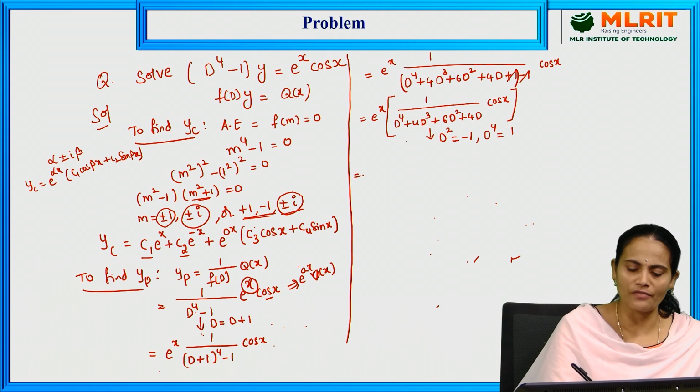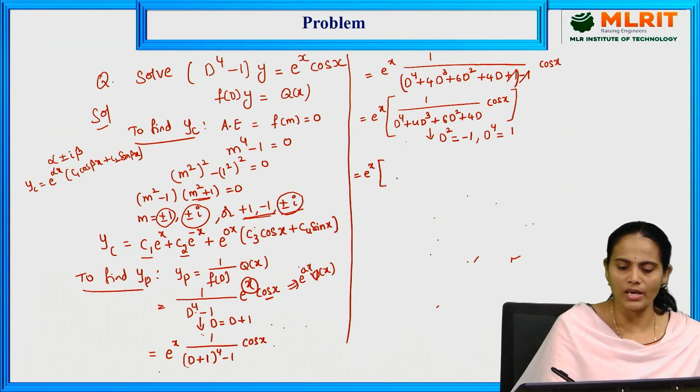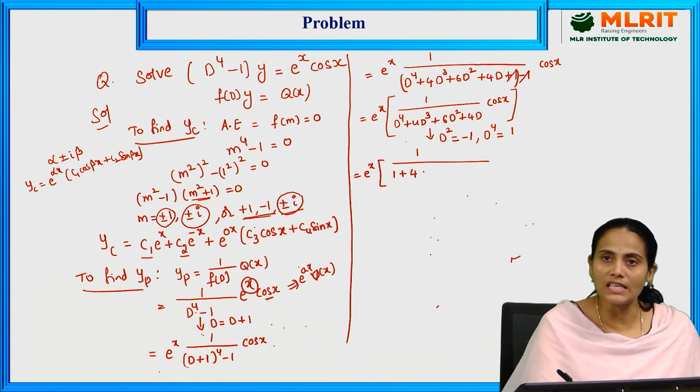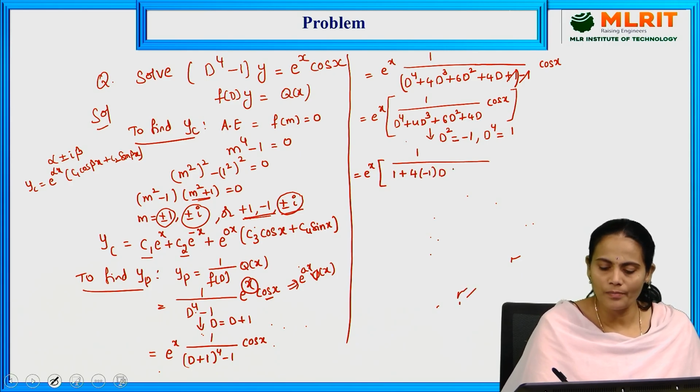Now we substitute that: e power x into 1 by the D power 4 value, which is 1, plus 4 into D cube, which can be taken as D square into D, so D square is minus 1 and we have one more D, plus 6 into D square, which is minus 1, plus 4D, into cos x.